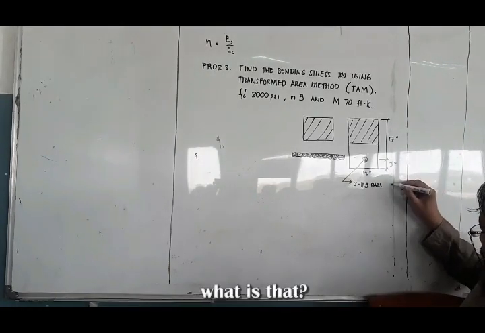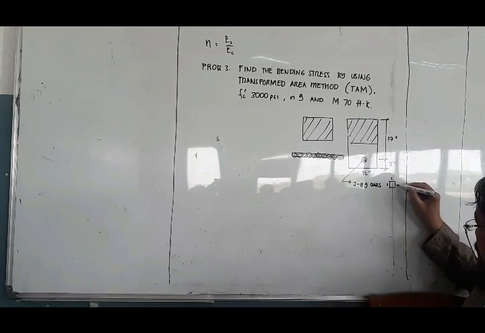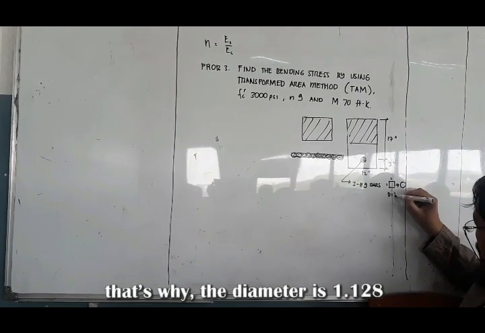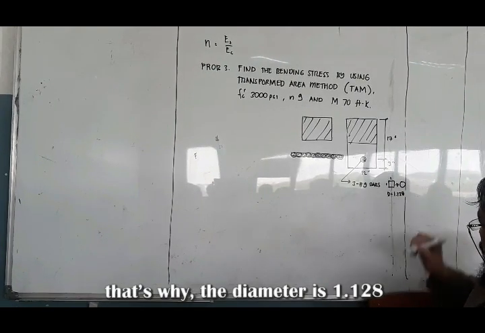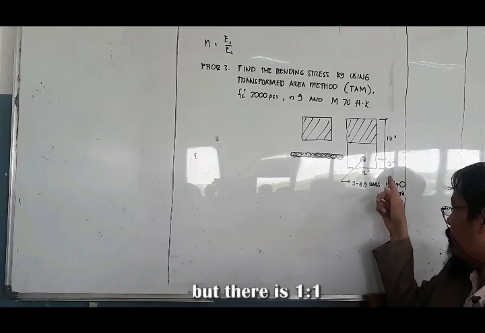So, 1 inch by 1 inch, converted to a circle. That is why the diameter is 1.128 inches. But the area is 1 by 1.